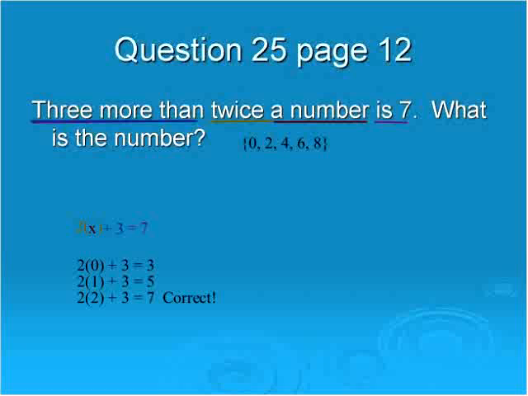2 times 3 is 6 plus 3 is equal to 9. And, oh my goodness, look at what I'm doing. I'm not even following our set. 2 times 4 is 8, plus 3 equals 11. 2 times 6 is 12, plus 3 equals 15.